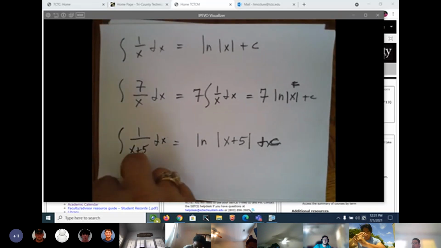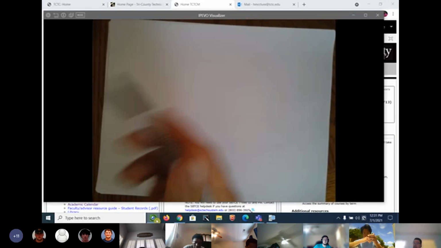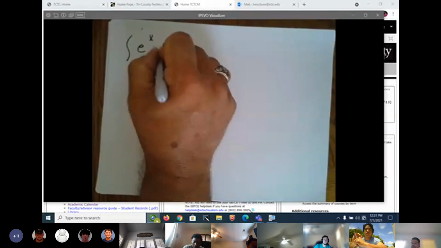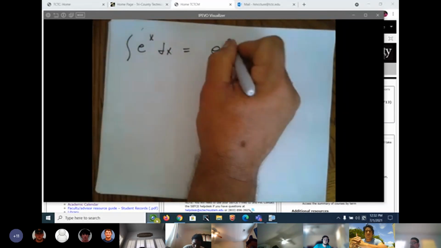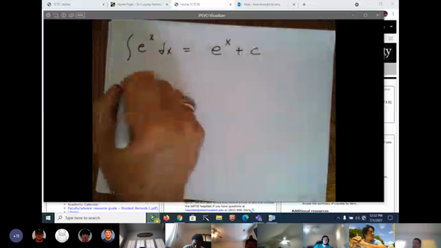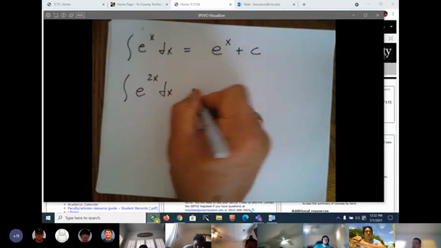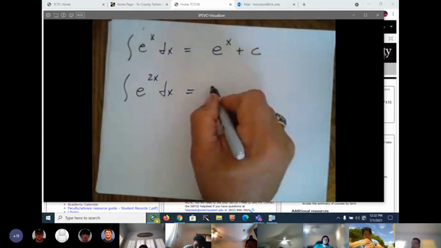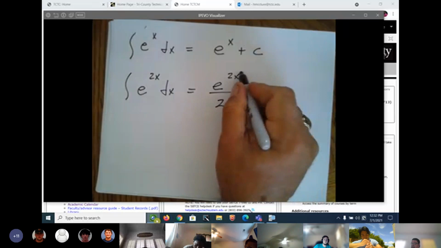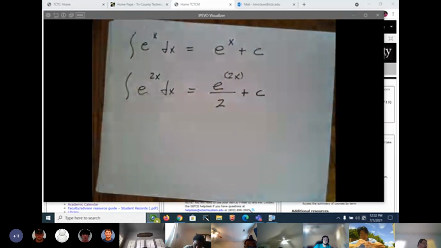Same thing with your exponentials. The antiderivative of e to the x dx is equal to e to the x plus c. If you have the antiderivative of e to the 2x, that's equal to e to the 2x divided by 2, which is the derivative of what's inside. Yes, that comes from the chain rule.